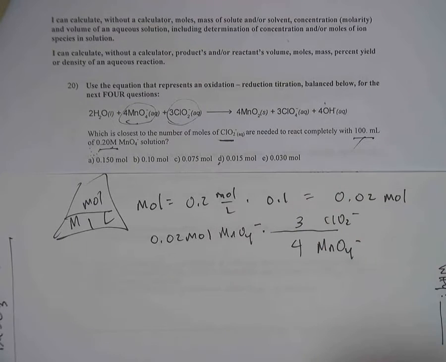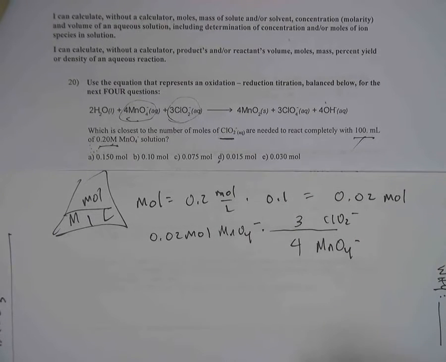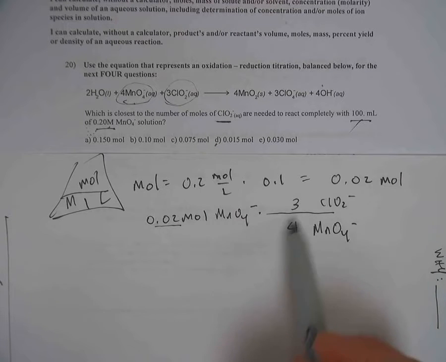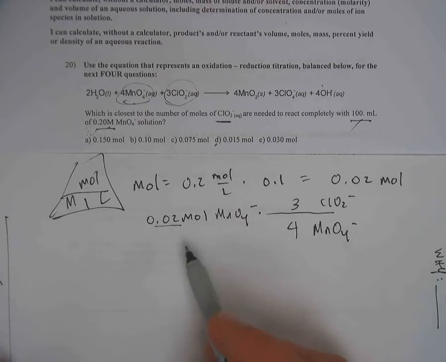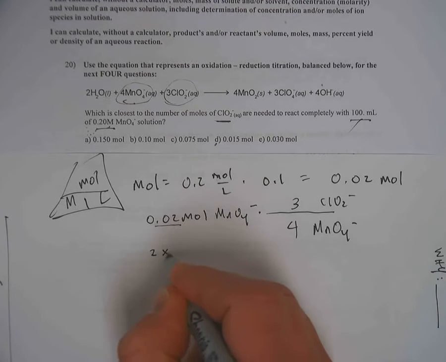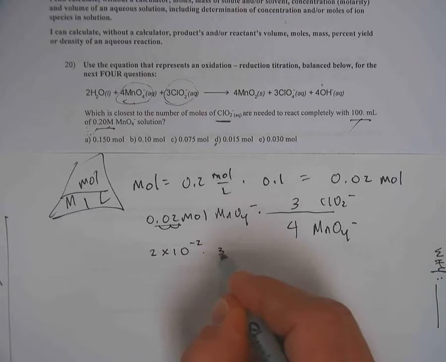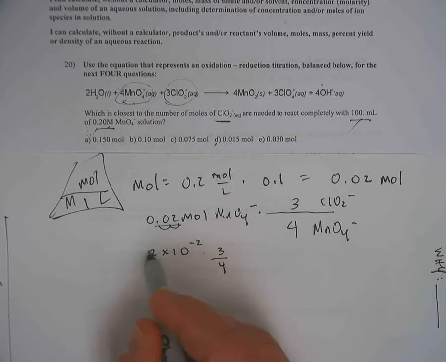And there's a 3 and a 4. So my recommendation on one of these is to take this number. Well, you can probably try to do it in your head and find 3/4 of 0.02, or you can try it like this: 2 times 10 to the negative 2 times 3 divided by 4. And now just take the 2 and the 4 and divide them.